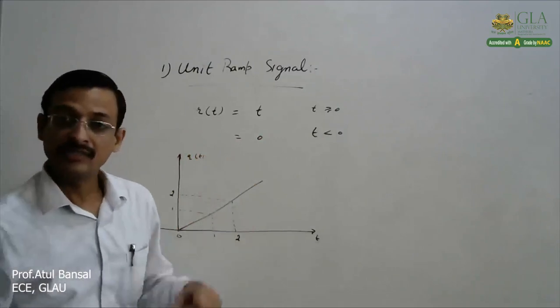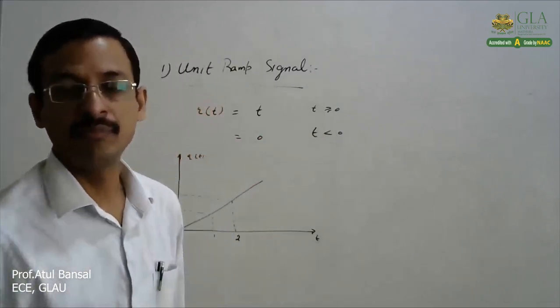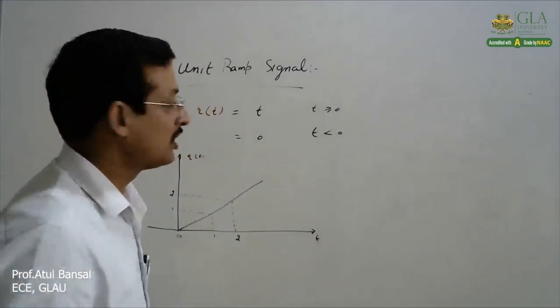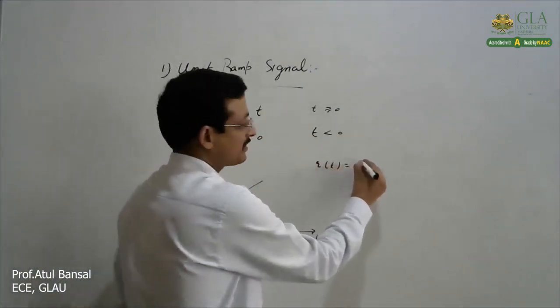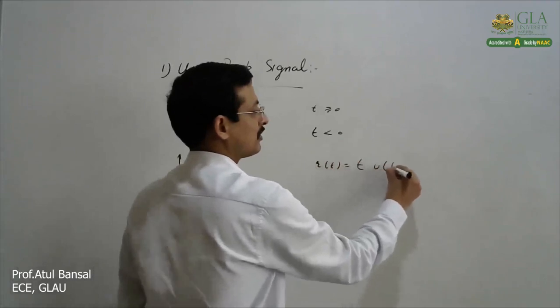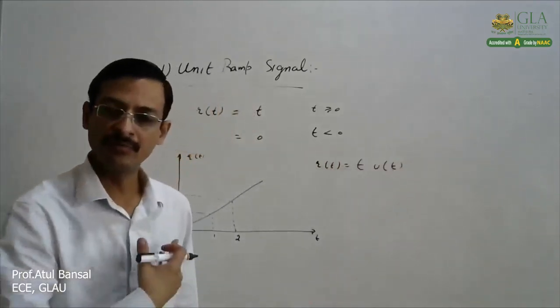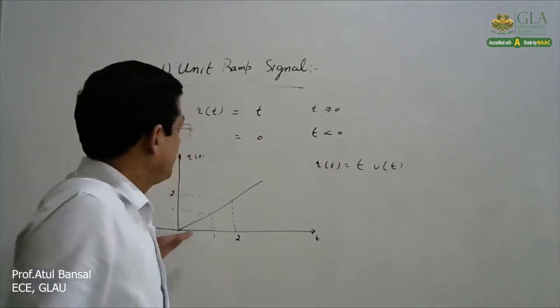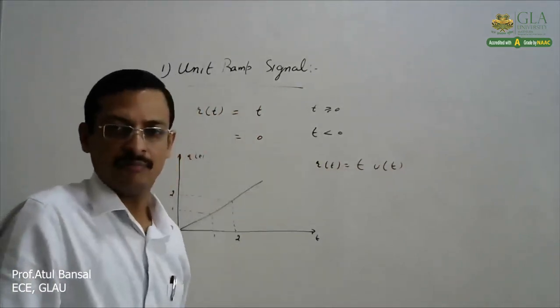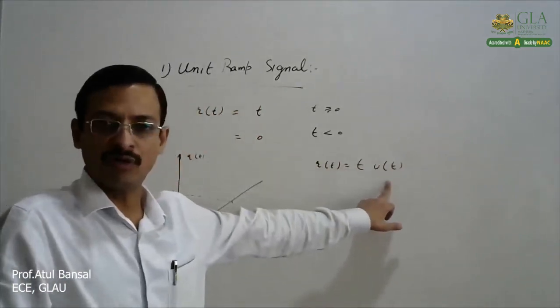Now, in the last video, we studied multiplication of two signals. So r(t) can also be written as t times u(t). If you remember the last example, we took the multiplication of two signals: a linearly increasing signal multiplied with a constant 1.